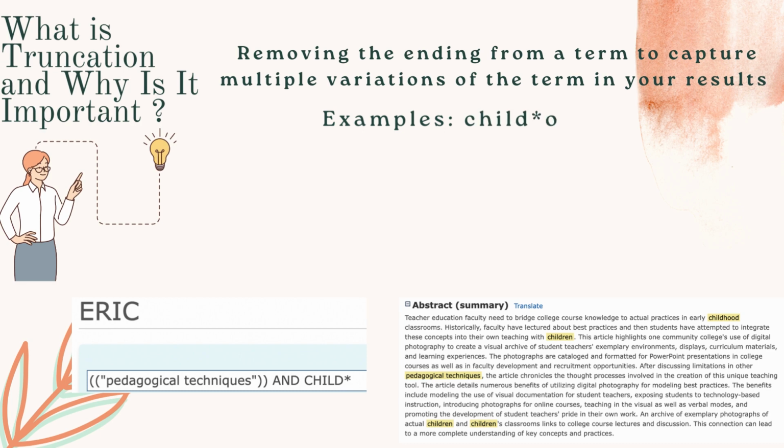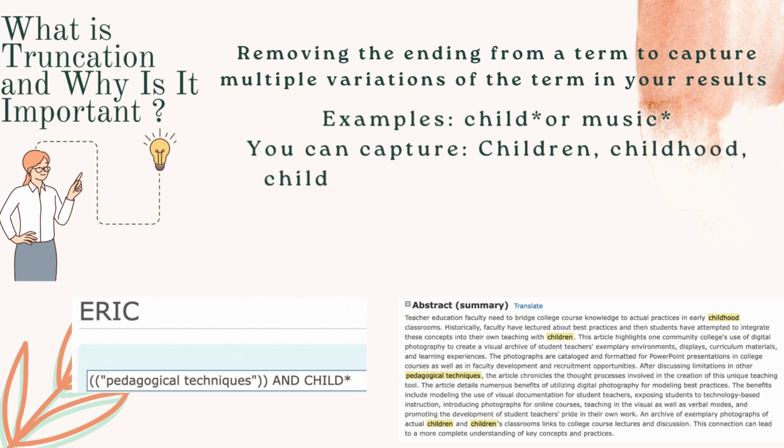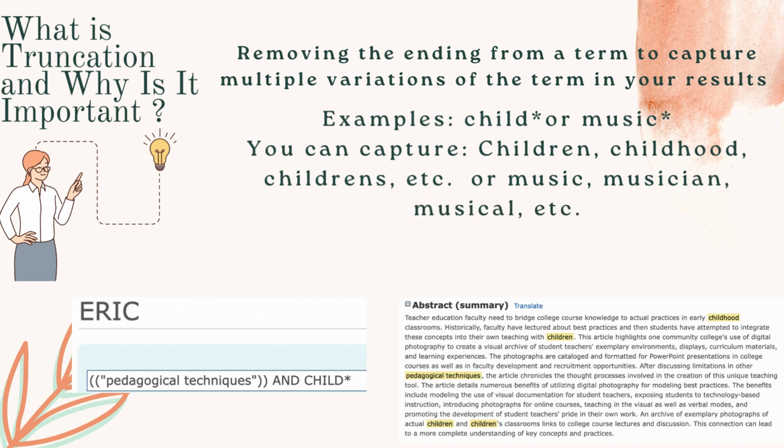So, what exactly is truncation? The literal definition of truncate is to cut off. In terms of searching, we do just that. We are removing the ending from a term to capture the multiple variations of the term in our results.